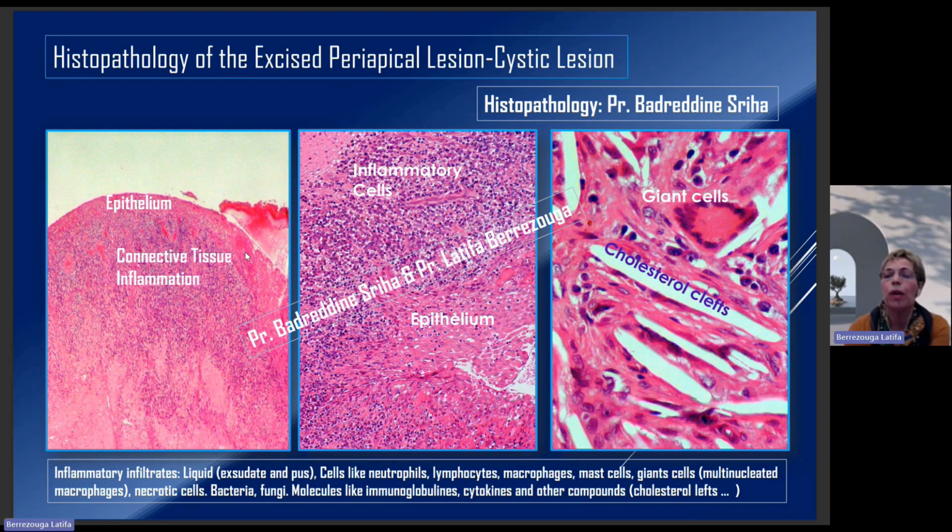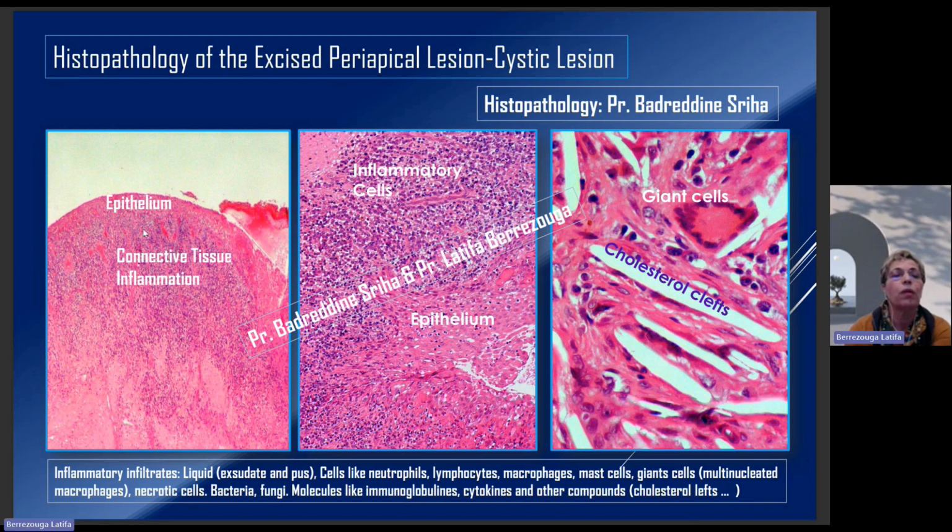In the maxilla, we may have epithelium from the maxillary sinus, or we may have proliferation of the epithelium due to inflammation, which is induced by bacteria. We may have proliferation of epithelium from sinus tracts, for example. Which is very interesting here is that you have this epithelium lining this cavity.